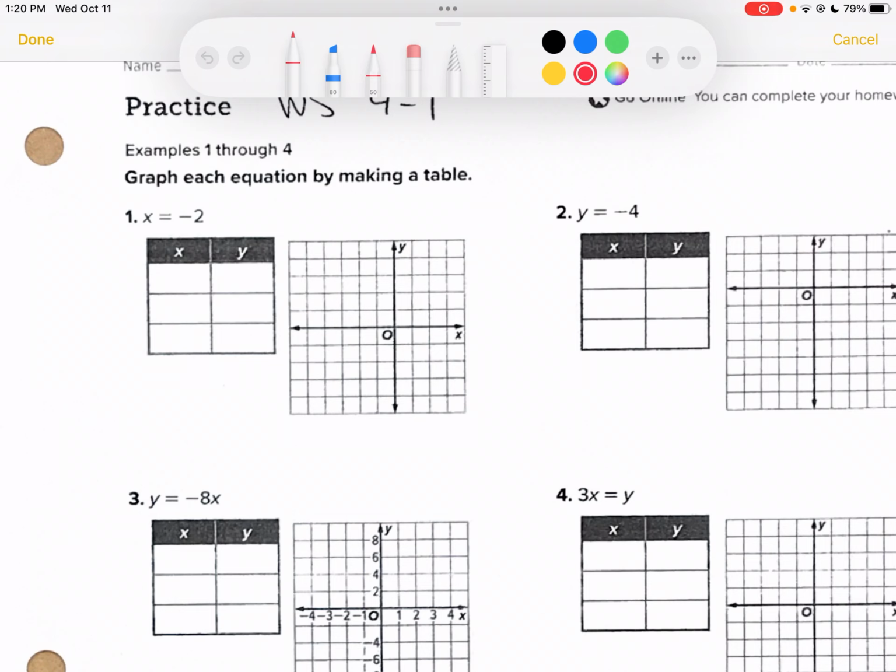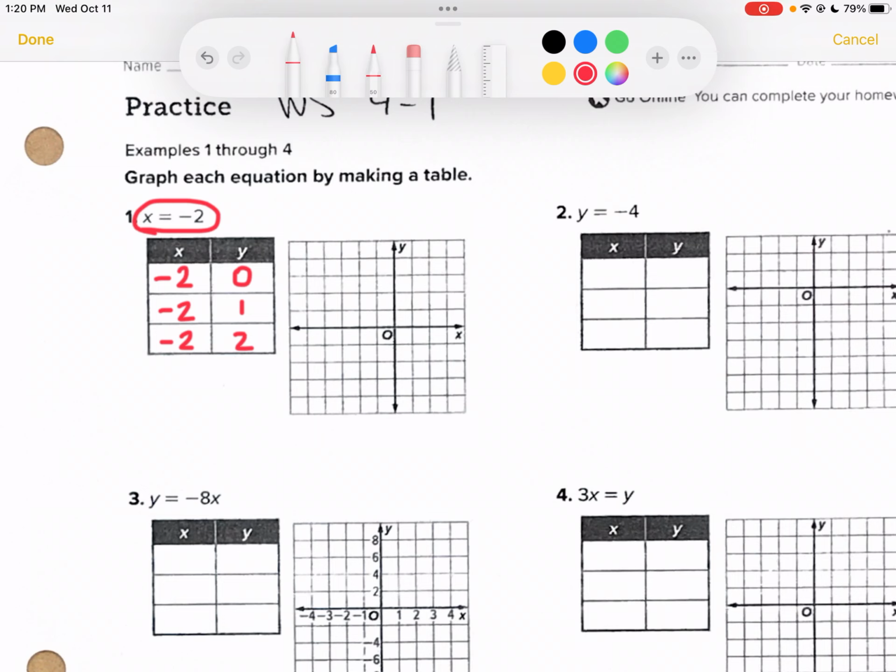Okay, so it says x equals -2. This is actually your assignment for today, so I'm giving you free points here. If x always equals -2, what that means is that y will be changing, but x will not. So let's say that x is -2 when y is 0, and when y is 1, and when y is 2.